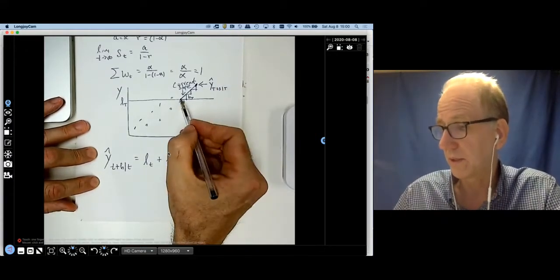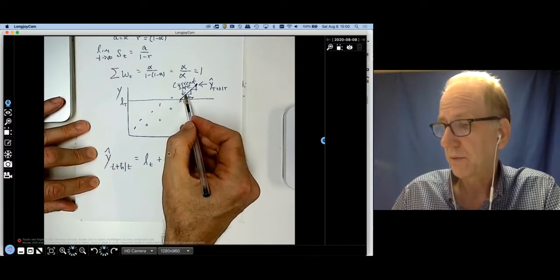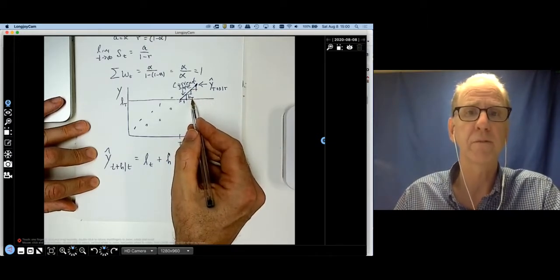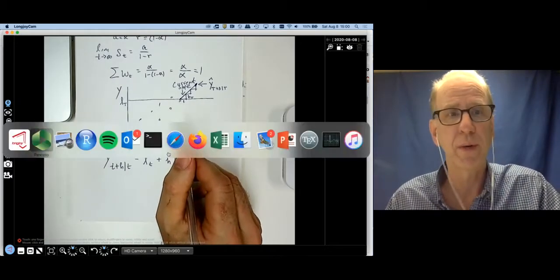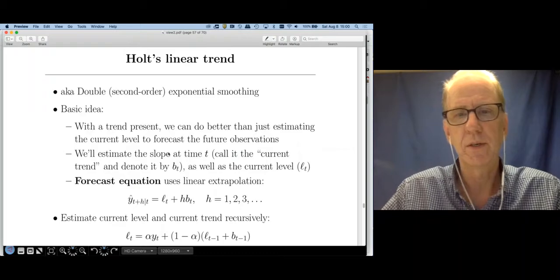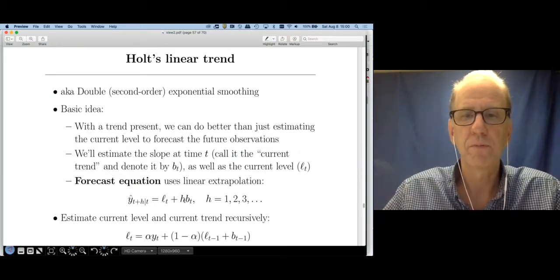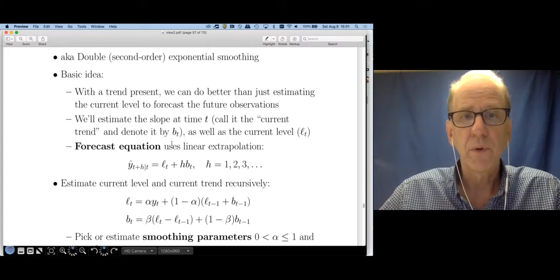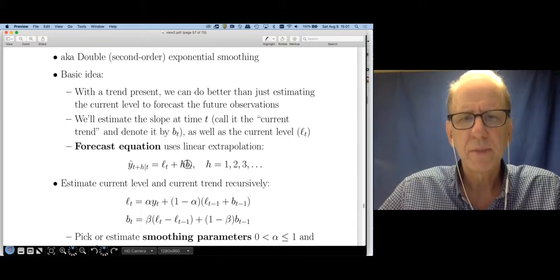And so the whole idea is take your level at time big T and then take 3 hops up of size whatever this bt is. And so that's the whole idea of Holt's method, is just go up however many slopes you need to, meaning however many h's you have. That's the forecast equation. How do we get this b sub t?